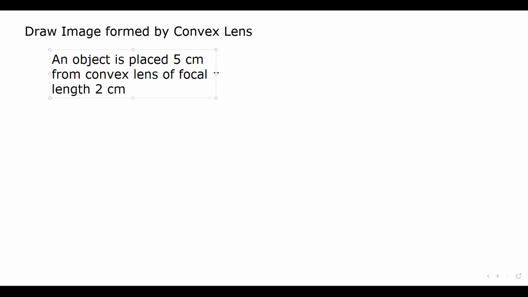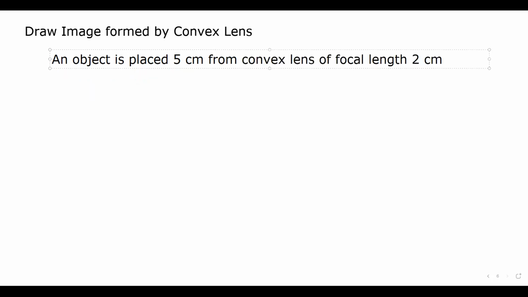So the focal length is 2 centimeter and the object is placed 5 centimeter. Now I want everyone to draw with me, at the same time, so you will understand this question easily. The object is placed 5 centimeter.